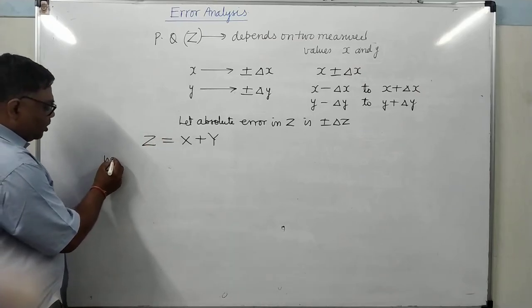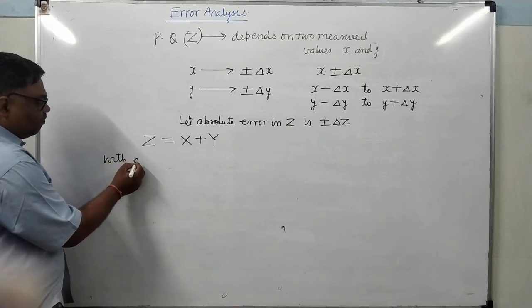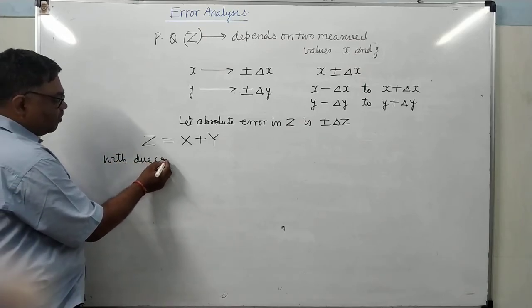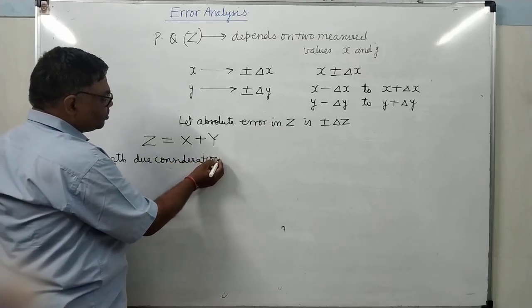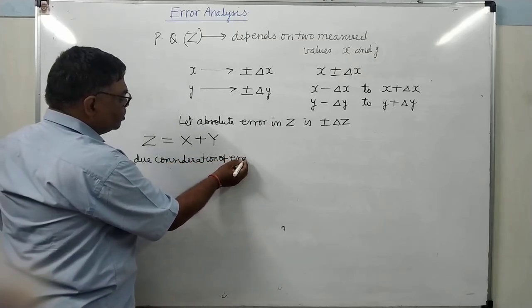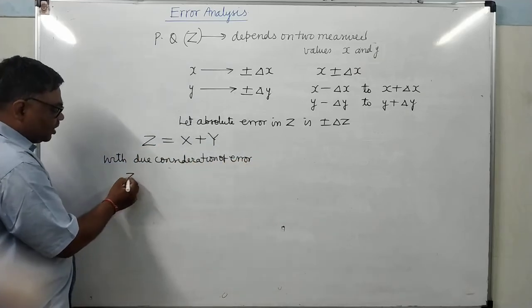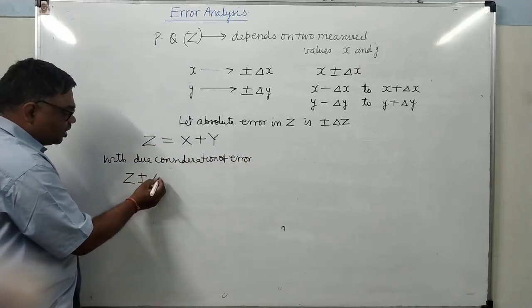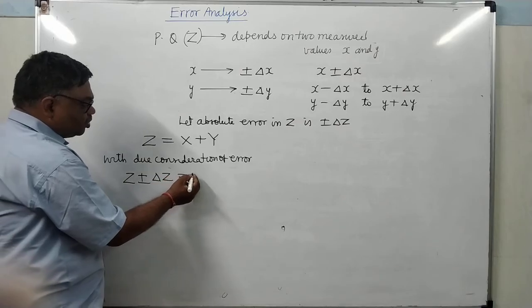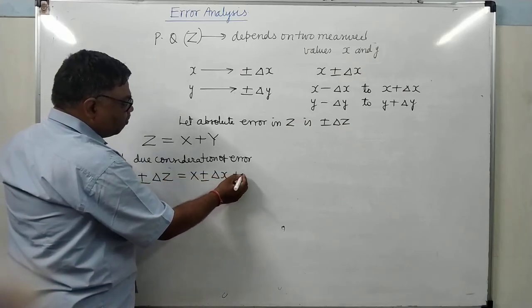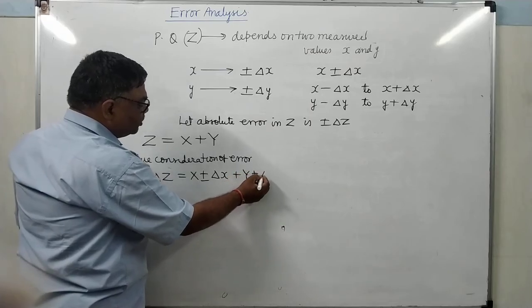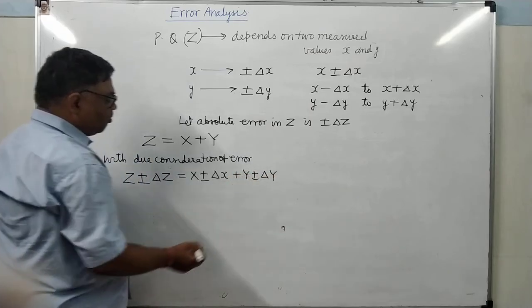So with due consideration of error, what will you write this relation? z plus minus delta z equals x plus minus delta x plus y plus minus delta y.